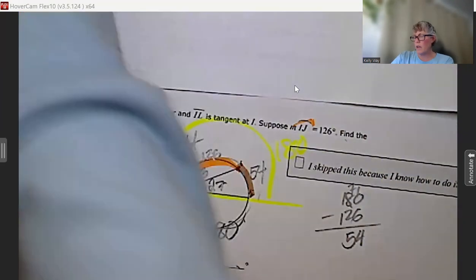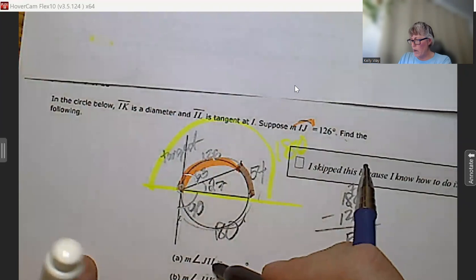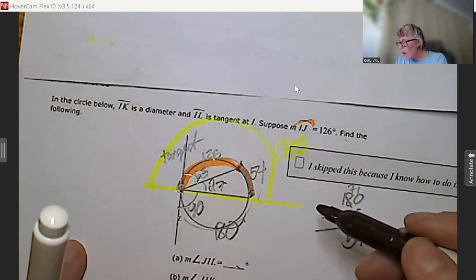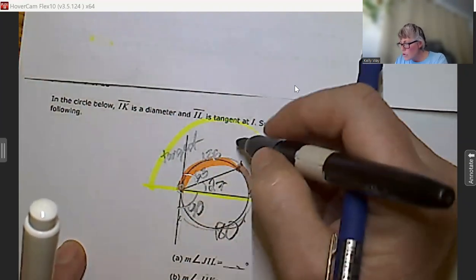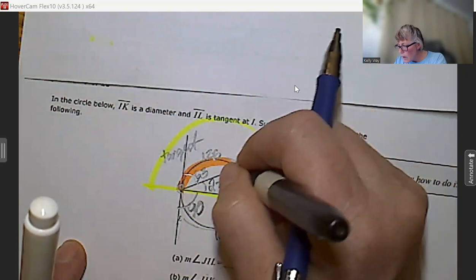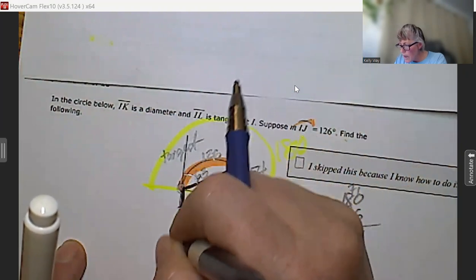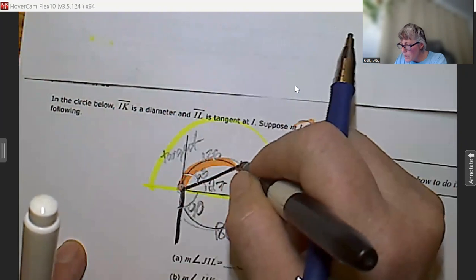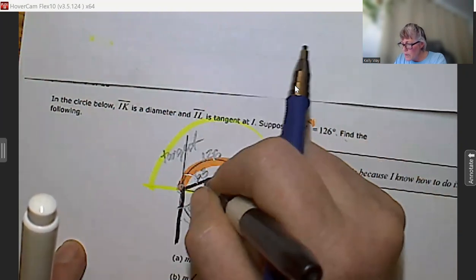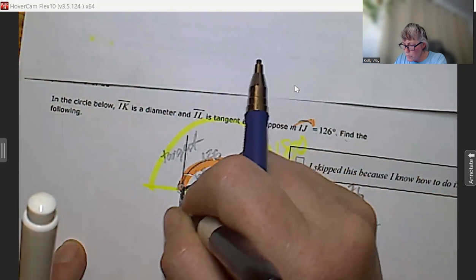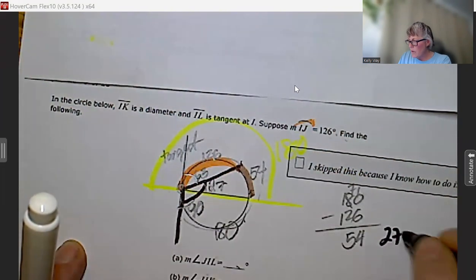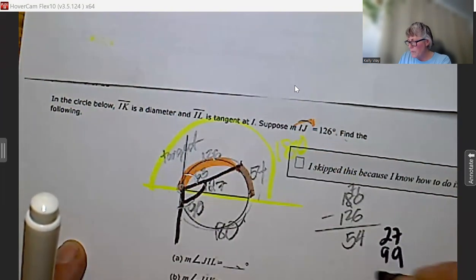Find angle J-I-L. Well, we have that right here. That's an angle, not an arc, so we're just simply going to add 27 and 90.